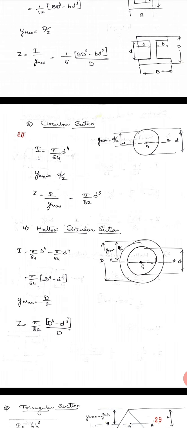So moment of inertia I is pi by 64 D raised to 4 minus pi by 64 d raised to 4. So pi by 64 (D raised to 4 minus d raised to 4) common. Y max is D by 2. That is Z equals pi by 32 (D raised to 4 minus d raised to 4) by D.